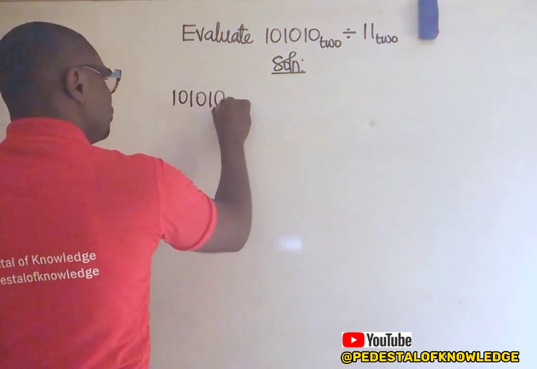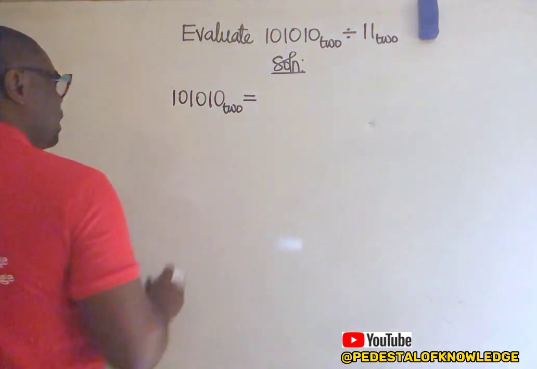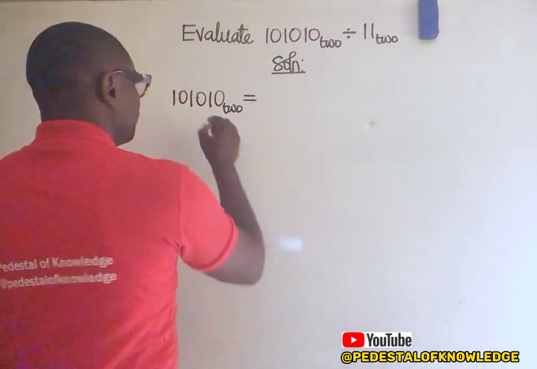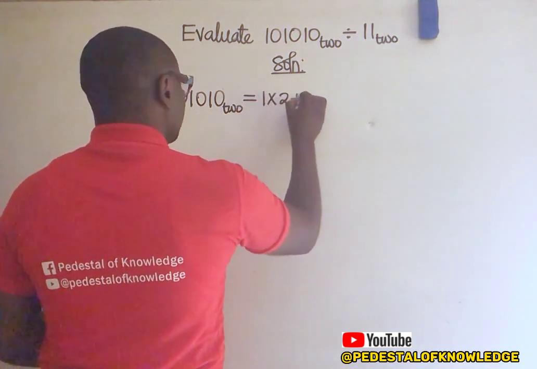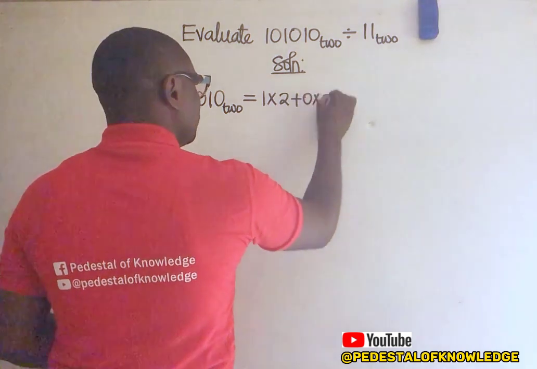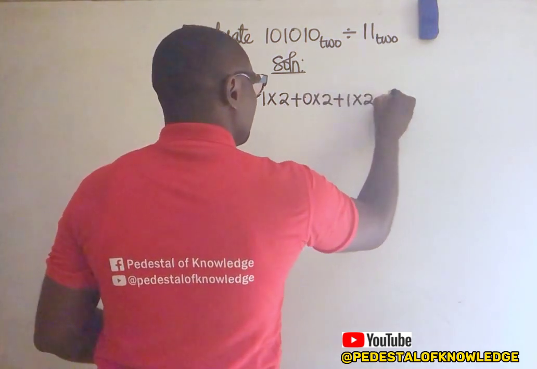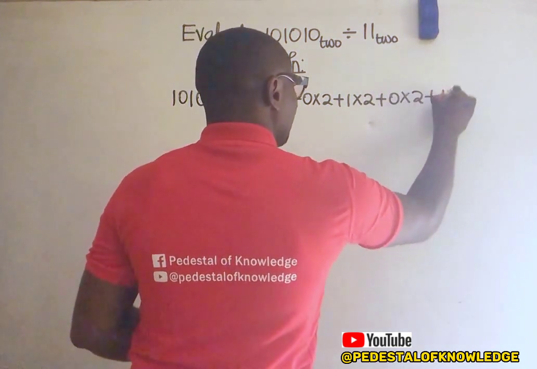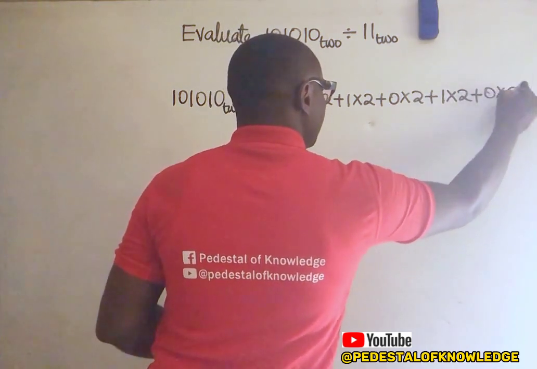If we pick the first number, 101010 base 2, to convert this number to base 10, we multiply each of these digits by 2 and then find their sum. That's the first step. So we have 1 times 2 plus 0 times 2 plus 1 times 2 plus 0 times 2 plus 1 times 2 plus 0 times 2.